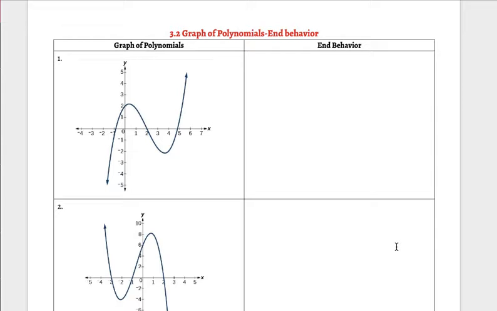As I mentioned in the previous lesson, we are going to use several lessons to talk about the graph of polynomials. So one of the things we are going to analyze is end behavior.